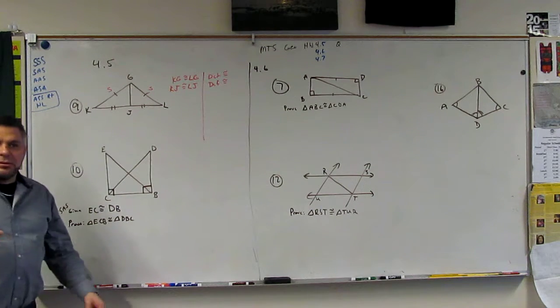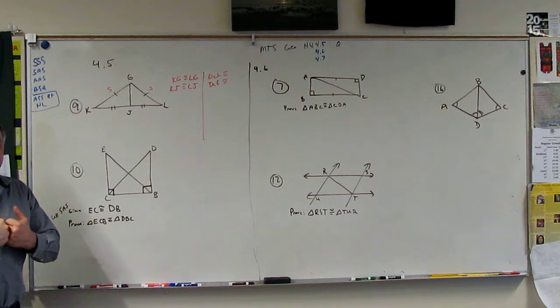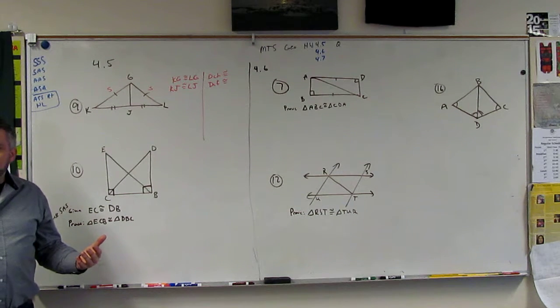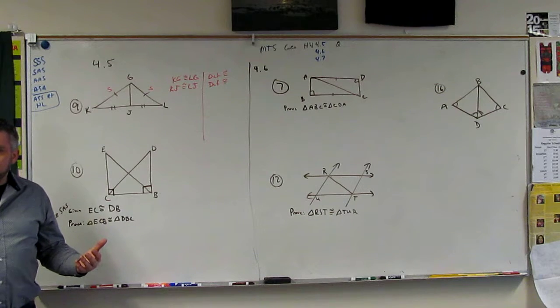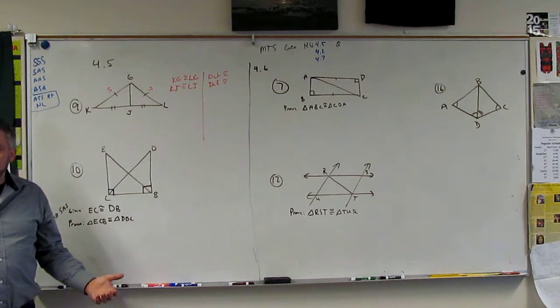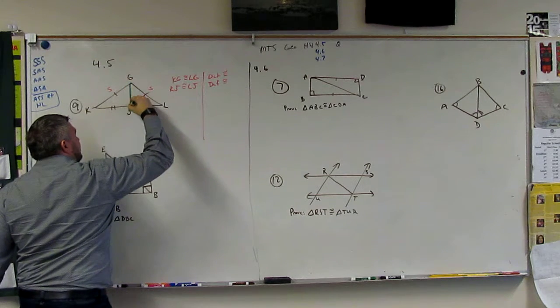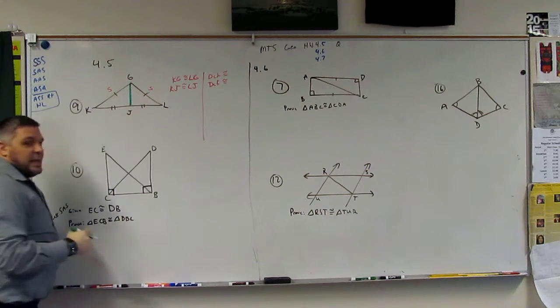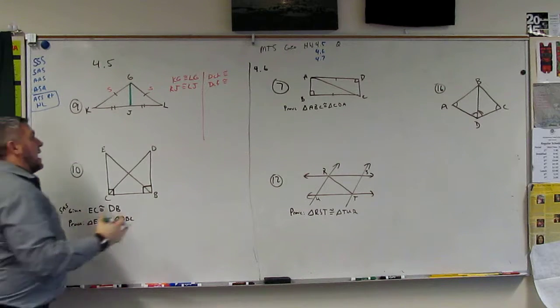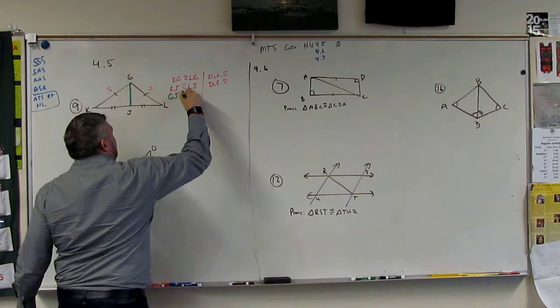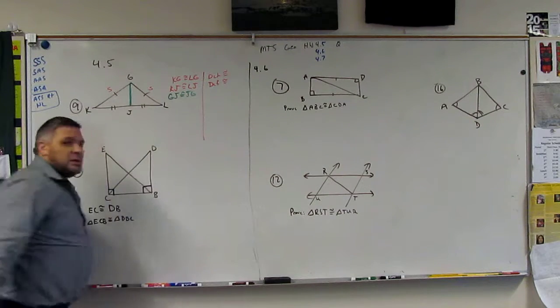we need another side or an angle or something. So can we find the side that they're sharing? Are they sharing a side? If we take a look, are they sharing this side right here? Yeah, they are. So how do we say that GJ is congruent to JG?